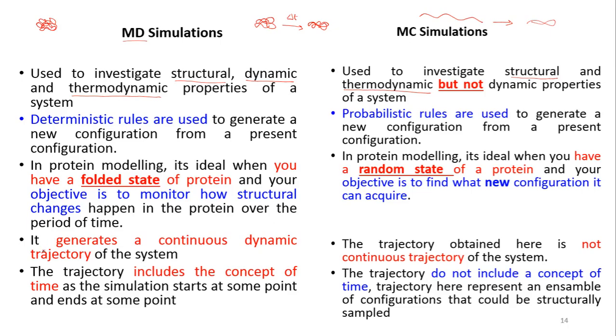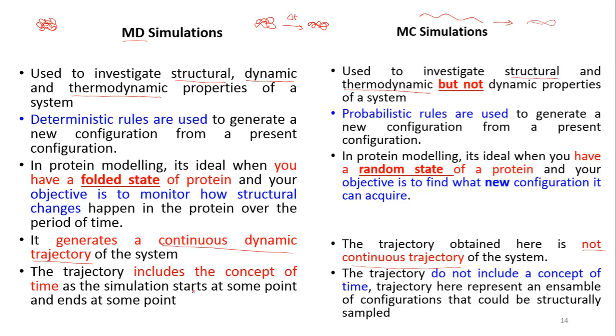For example, your MD simulation will generate something called the continuous dynamic trajectory, while the trajectories obtained in Monte Carlo simulation are not continuous dynamic trajectories. You cannot consider them as continuous trajectories. We will come to this point in a while.